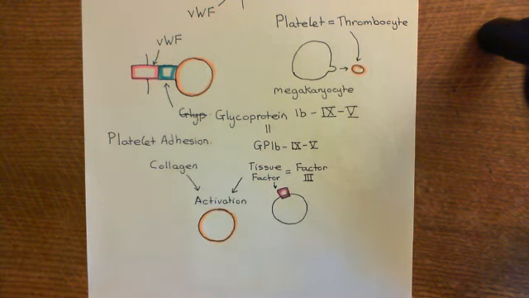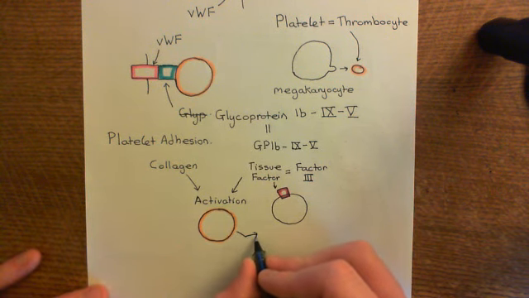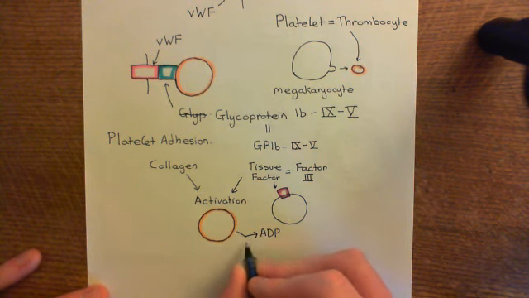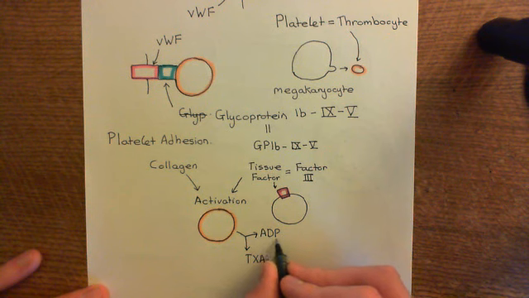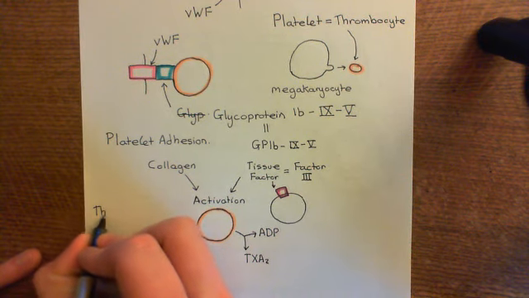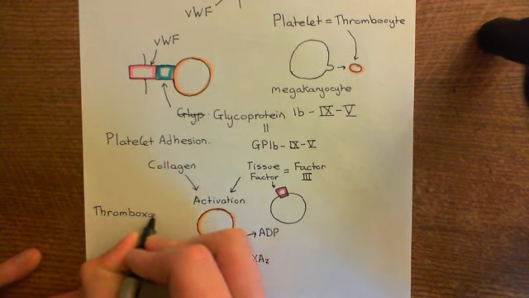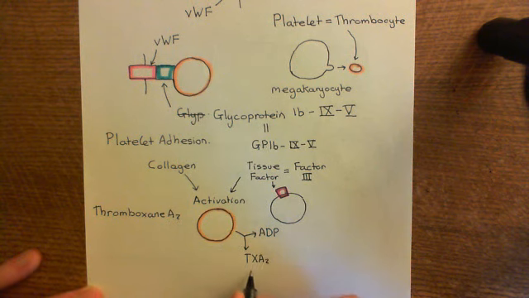Firstly it's going to release ADP, adenosine diphosphate, and secondly thromboxane A2, which is often abbreviated to TXA2. I assume you know what ADP is, but maybe you haven't come across thromboxane A2, so I'll write out its name for you. Thromboxane A2, often abbreviated to TXA2.